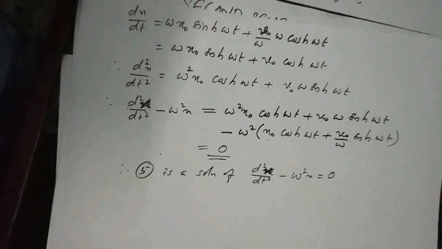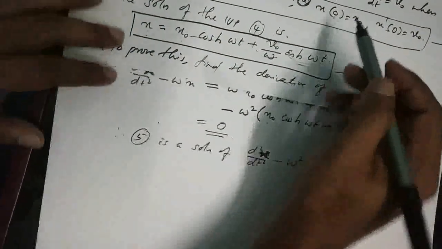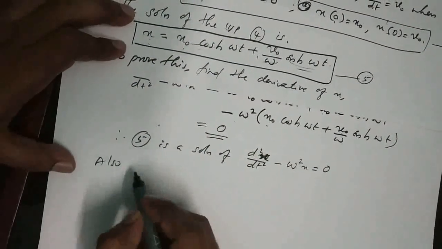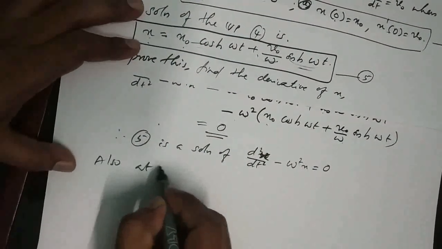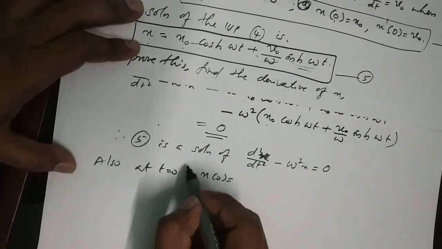So to find this, x of 0 equal to x0, we have x equal to this. Now also, at t equals 0, x of 0 is equal to x0.